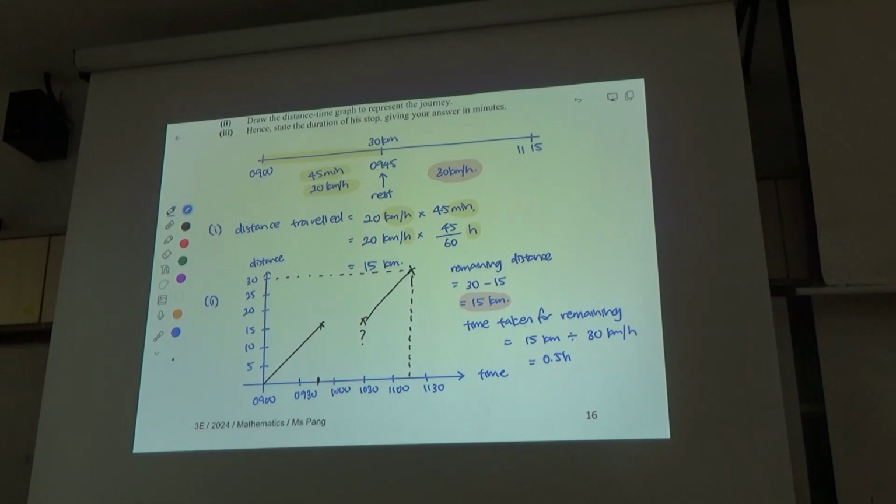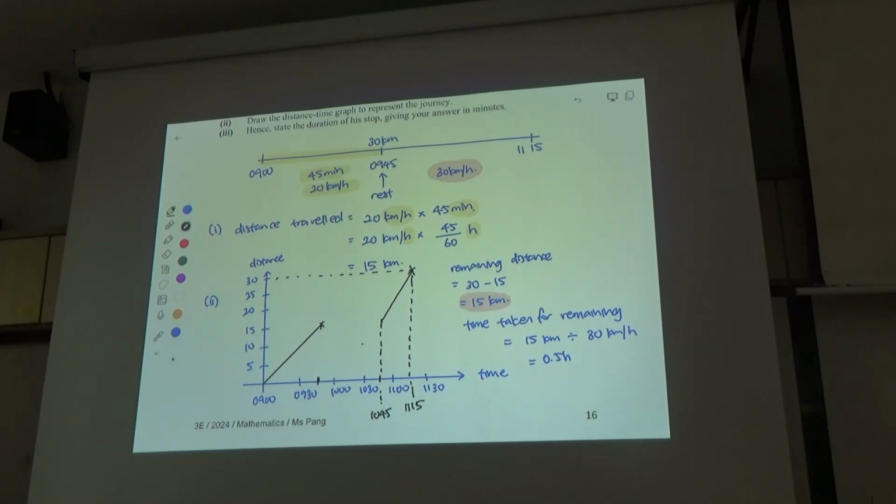So I know now that if I end at 11:15 here, half an hour before that will mean that it is 10:45. So that means I should be getting a diagonal line like that.